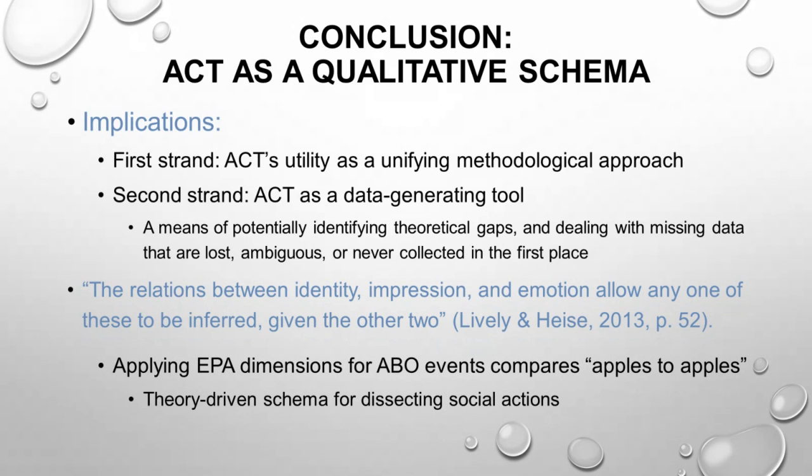I think that very much sums up the approach to using ACT in qualitative data and shows how applying EPA dimensions for ABO events really allows us to compare apples to apples in unstructured data and gives us a theory-driven schema for dissecting social actions.